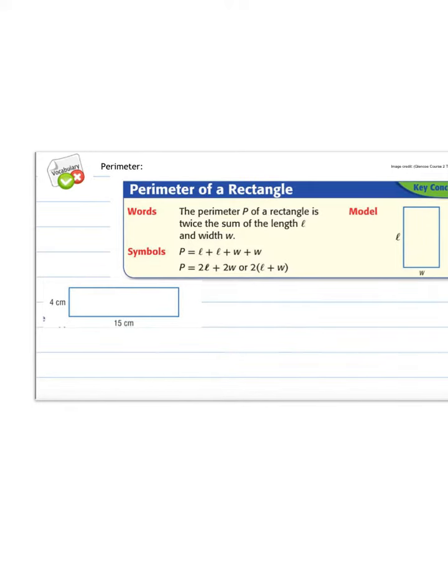On this rectangle, the sides are 4 centimeters and 15 centimeters, so you would add 15 plus 15 and 4 and 4. 30 plus 8 is 38 centimeters.